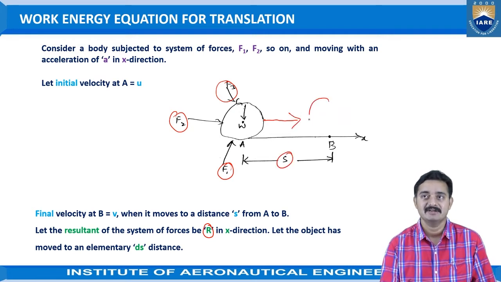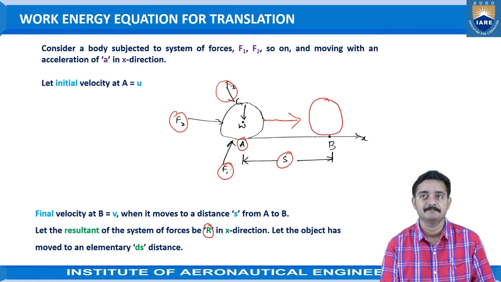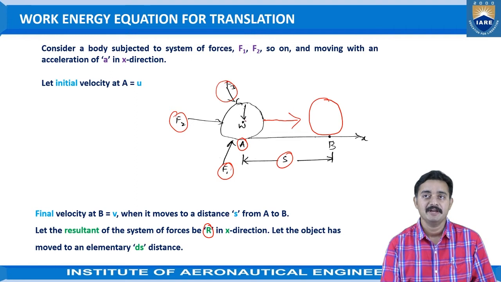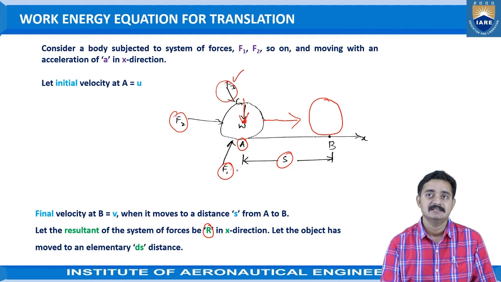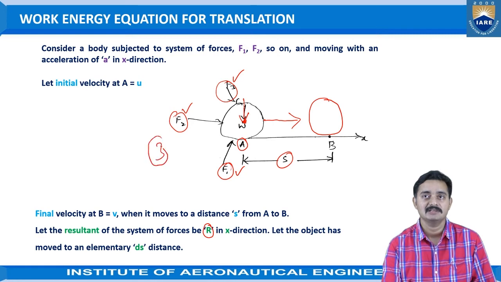So it has traveled to position B from point A. And the weight of the object W is also considered here. Let us consider the resultant of all these three forces as R.